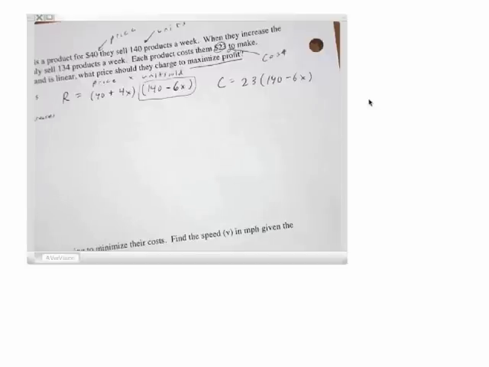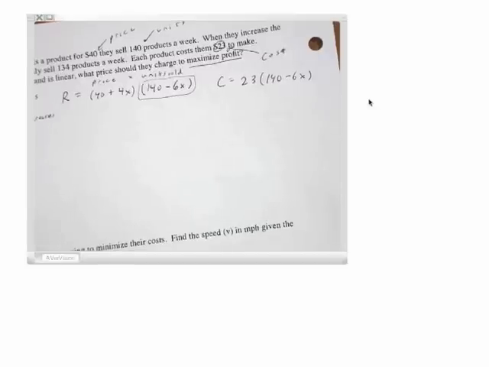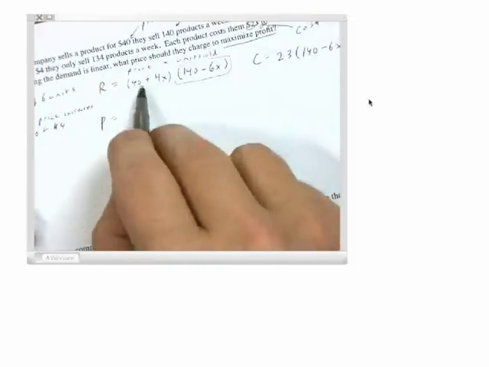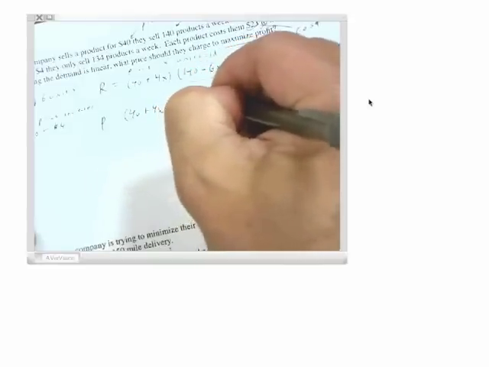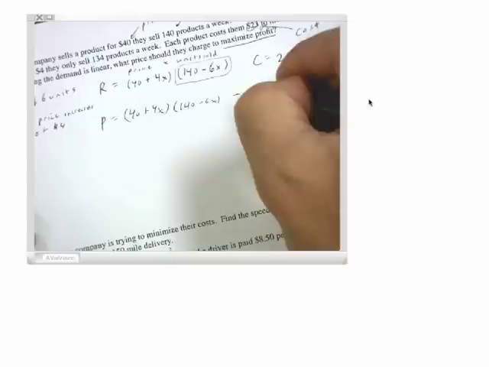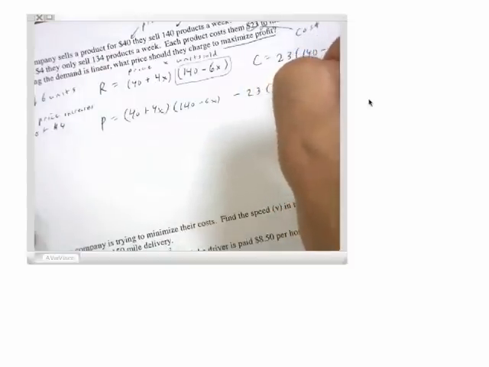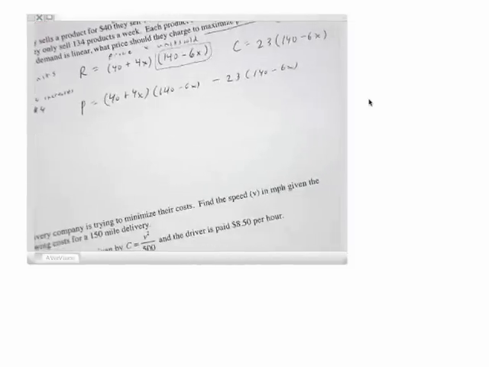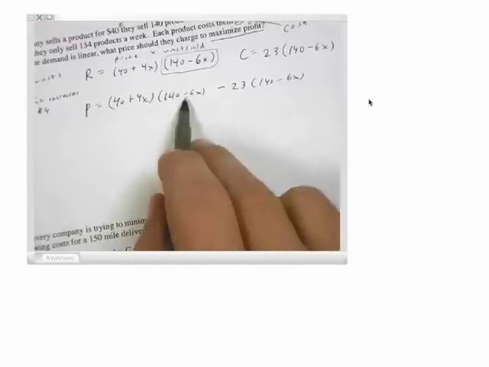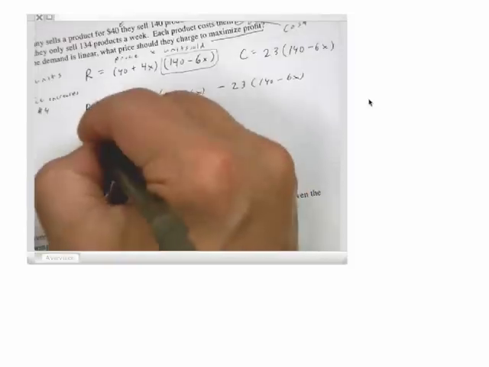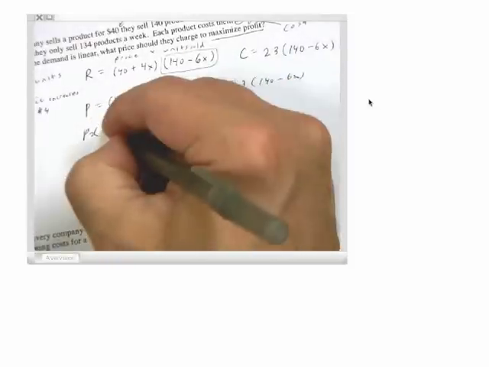Okay? And then we know that profit is revenue minus cost. So profit is going to be this equation, the revenue, minus the cost. Now, whenever you do one of these problems, one of your binomials is going to be common, so I can take that out.